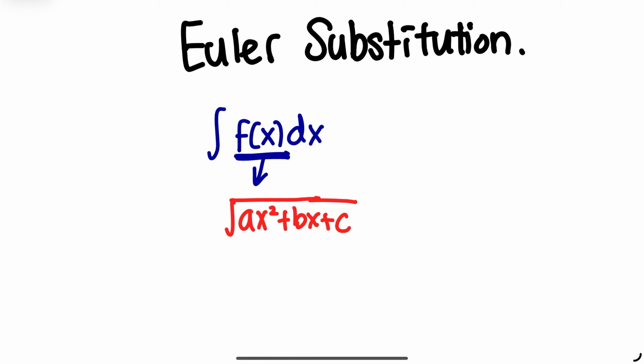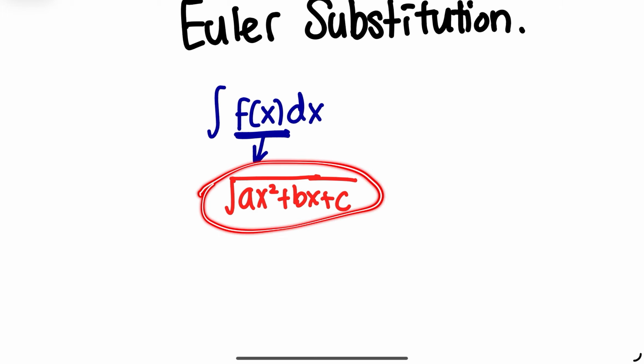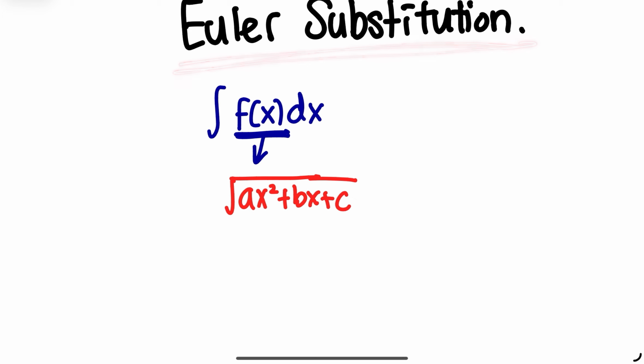It is inside the quadratic formula. Whenever you see this square root of a quadratic, Euler substitution aims to convert the square root of a quadratic into something linear in a new variable, allowing the integral to become rational.